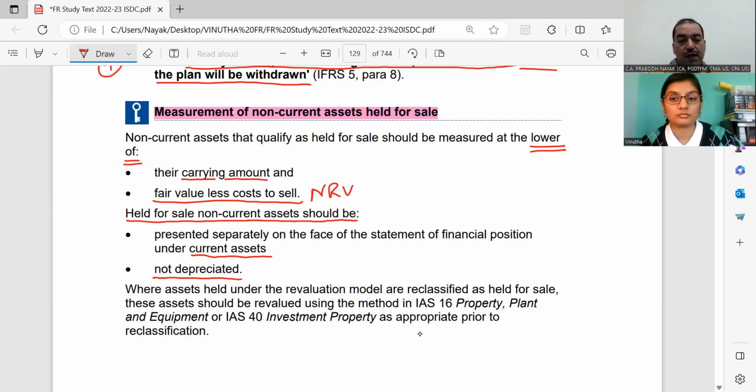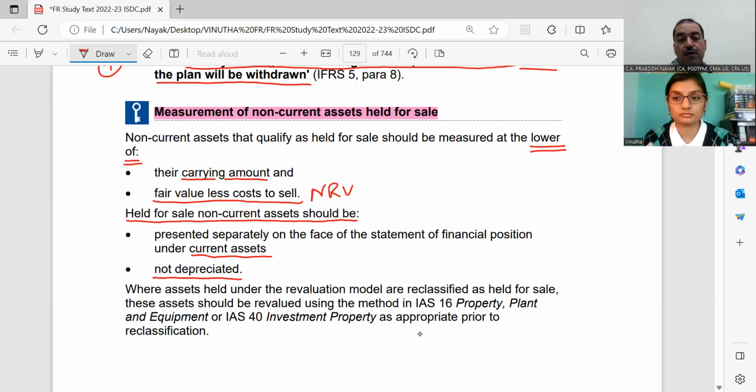Held for sale non-current assets should be presented separately on the face of the statement of financial position under current assets. Since they are coming under current assets, they cannot be depreciated. They should not be depreciated. Okay.